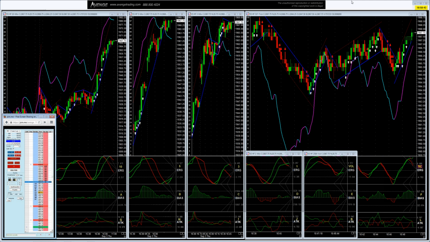And actually it looks like our 10-minute erg is less than 45 degrees there.